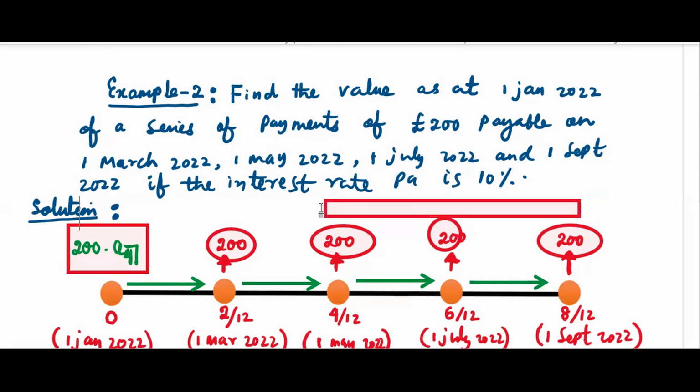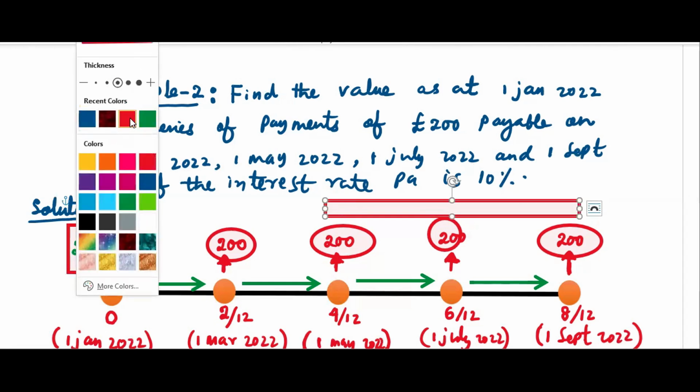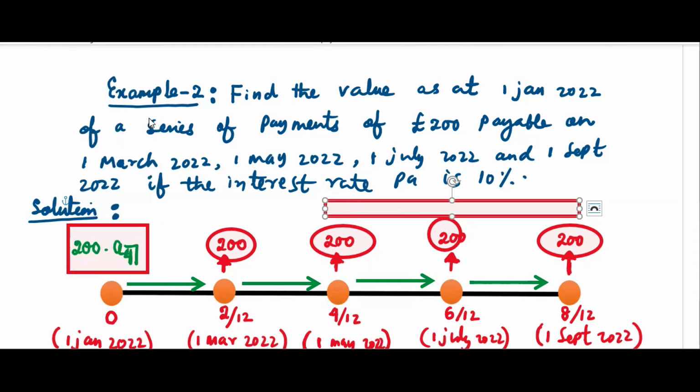So what is given, I need to write here. Given I, 10% now, but I will not change the diagram.